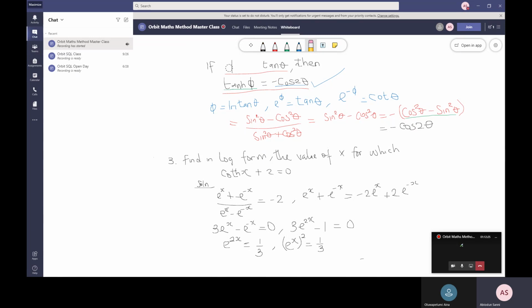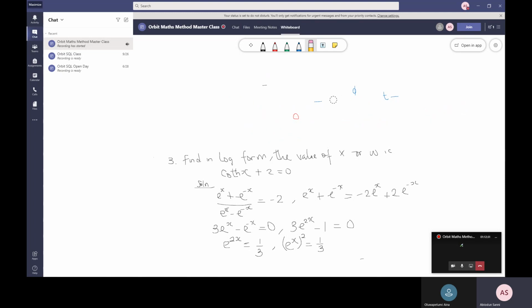So let me erase this part. Here I can say that if I take the square root of both sides, I'm going to have exponential x to be plus or minus 1 over root 3, because it's going to have 2 roots.